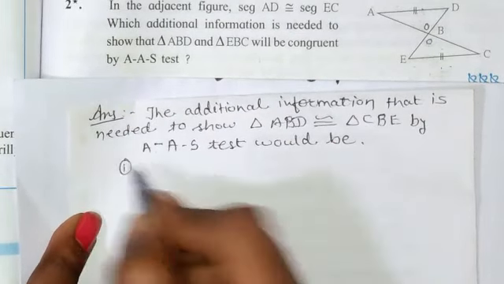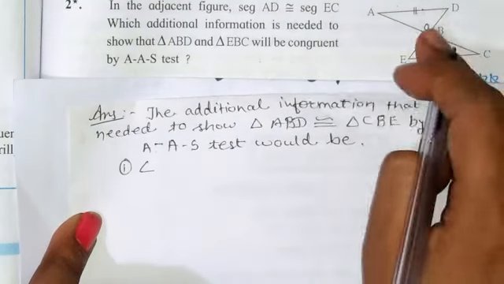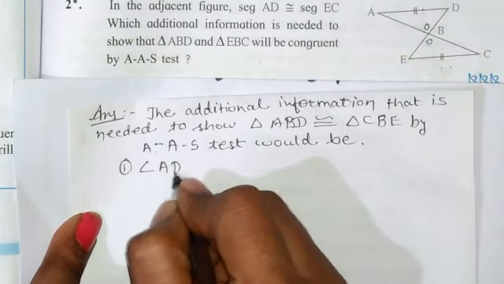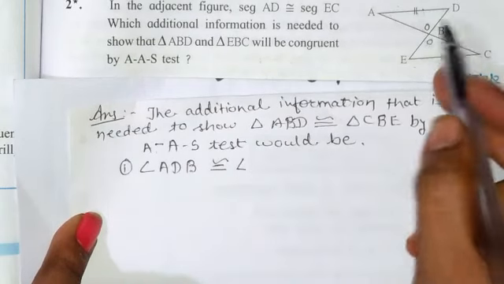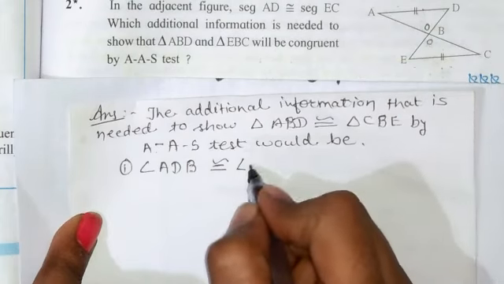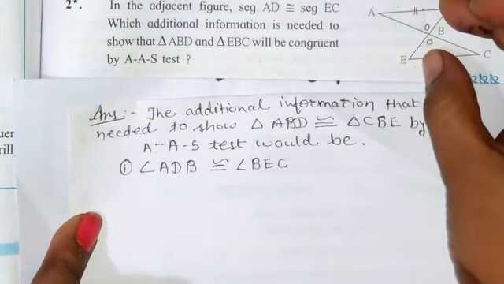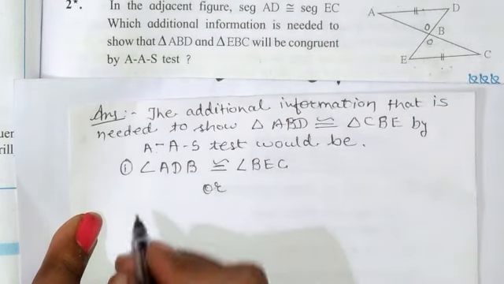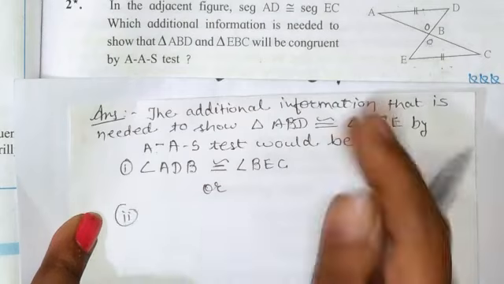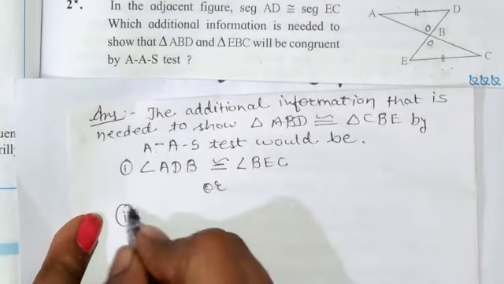First one we want, that is angle ADB should be congruent with angle BEC. This we want. Otherwise, we want these two angles. So let's write it.